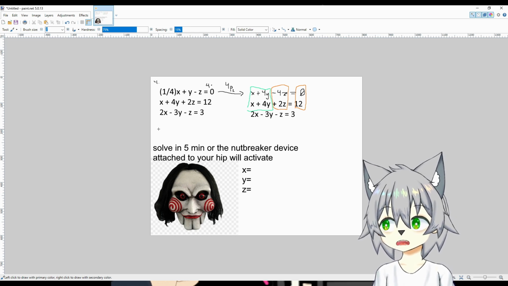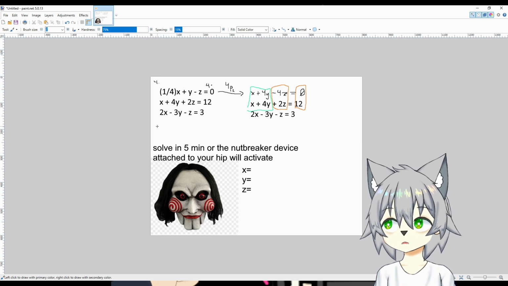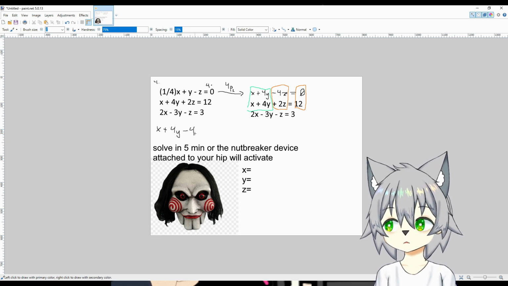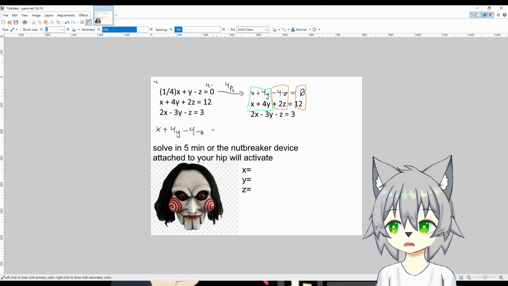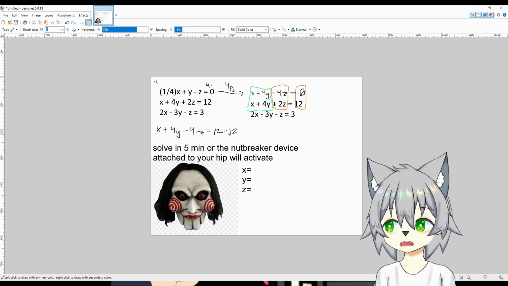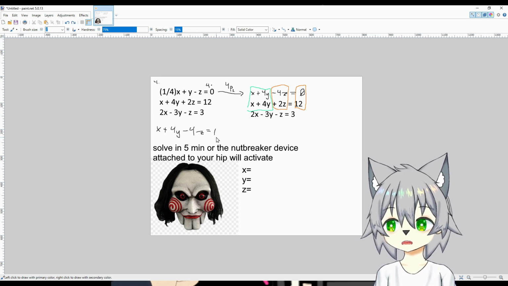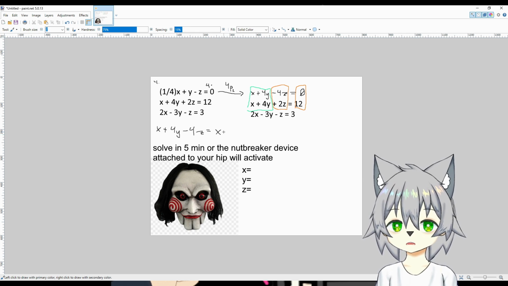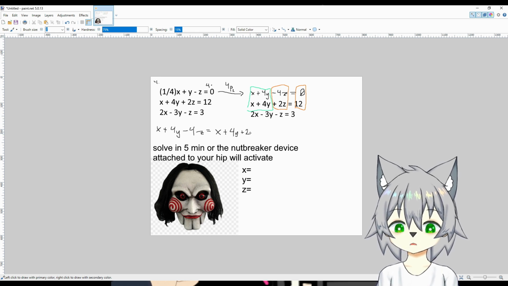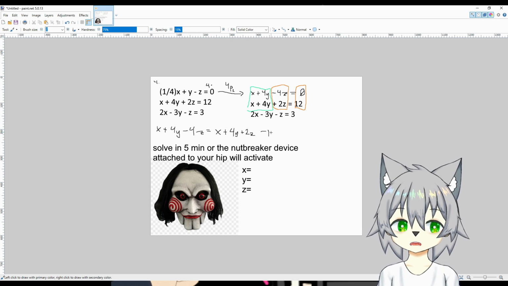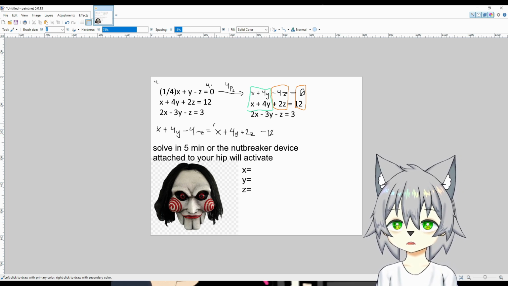So basically, x plus 4y minus 4z equals 12 minus 12, and all of this equals x plus 4y plus 2z minus 12. This is 12.